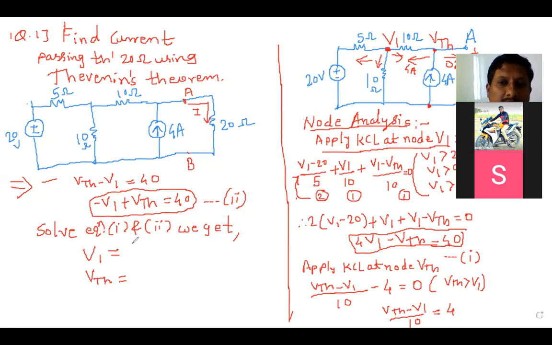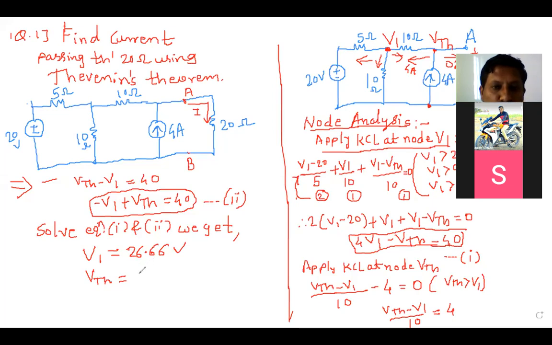What is the answer of V1 and VTH? V1 is 80/3. What is 80/3? 26.66. Okay.